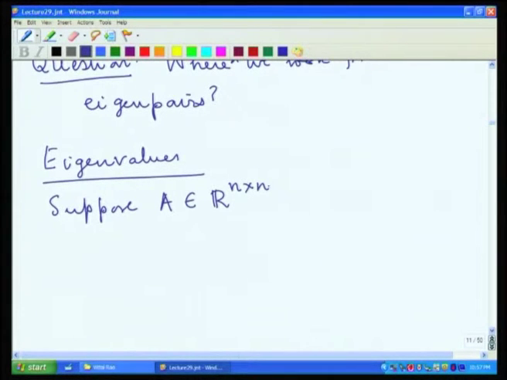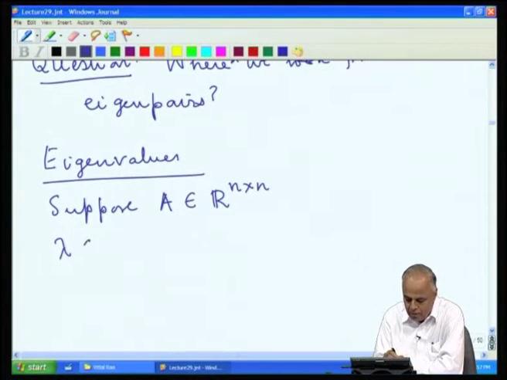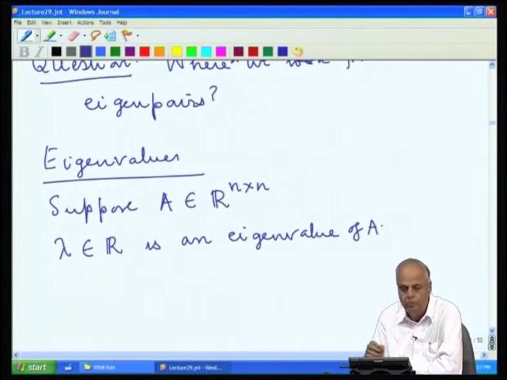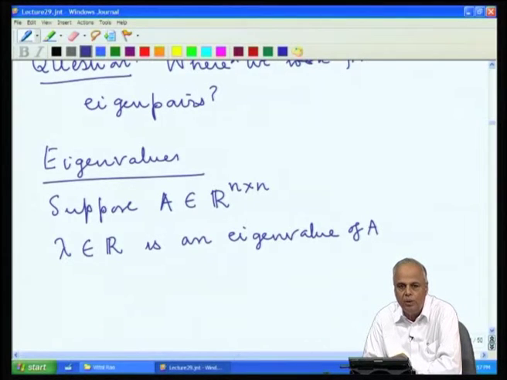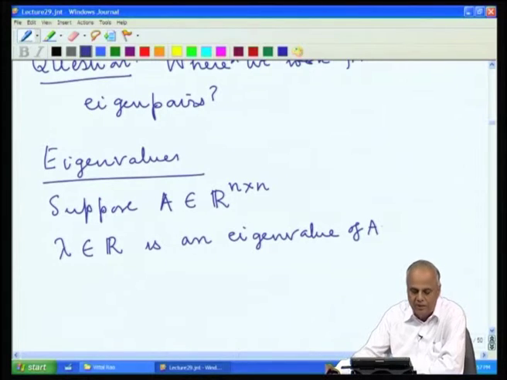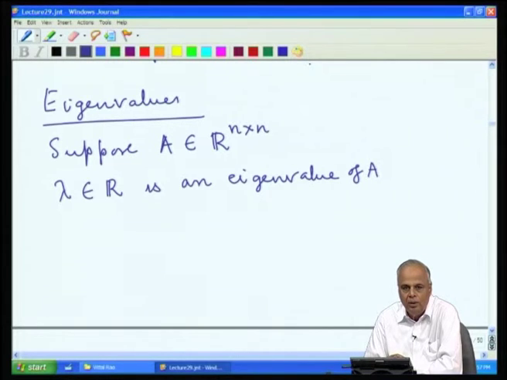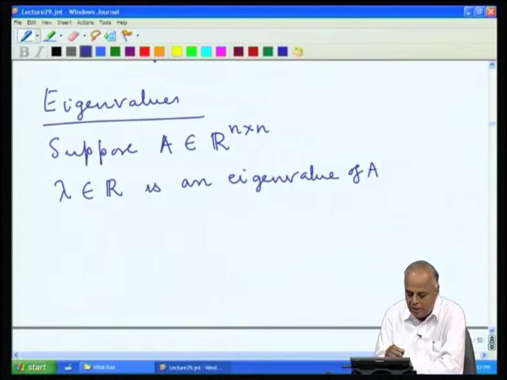Suppose we have a matrix A which is an n cross n real matrix, and lambda, a real number, is an eigenvalue of A. So, we catch hold of one of the known friends of A, namely the eigenvalues, and start analyzing it and see how it looks. Now, because it is an eigenvalue, every eigenvalue has an eigenvector.